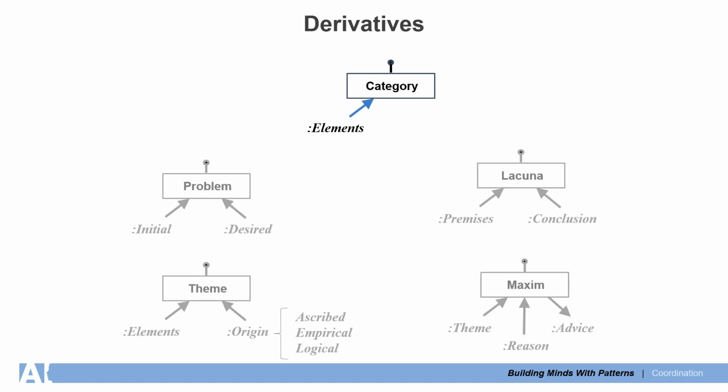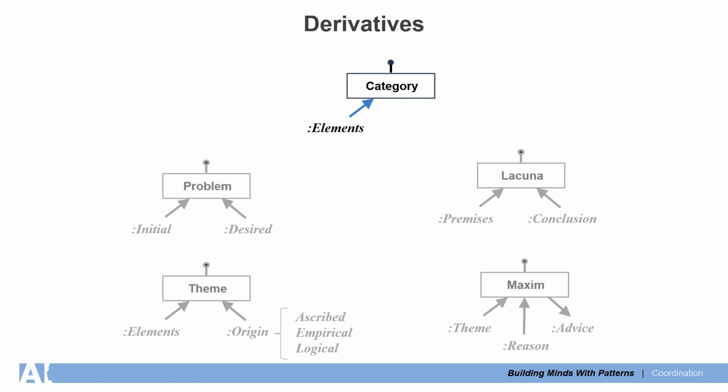Whereas a category is a list of elements, a problem is a list of initial elements and desired elements, often in the causal or physical realm. A lacuna is a gap in the logical realm, and a lacuna lists premises, which is a list of elements, and conclusions, which is another list of elements.